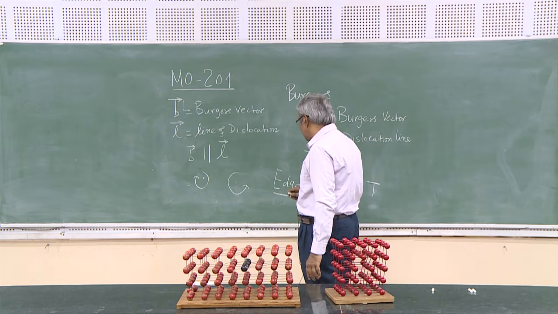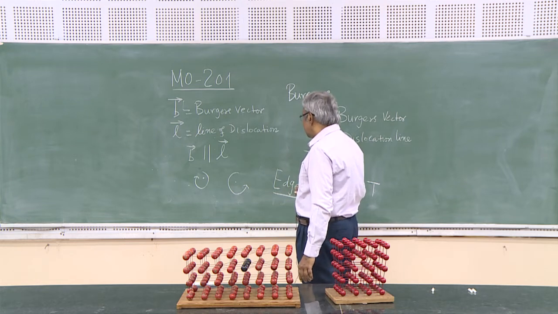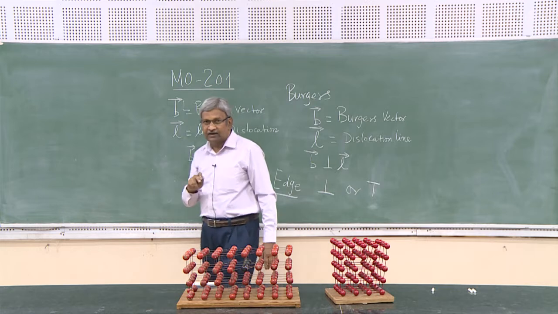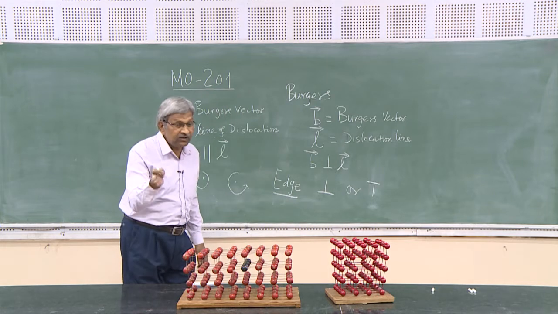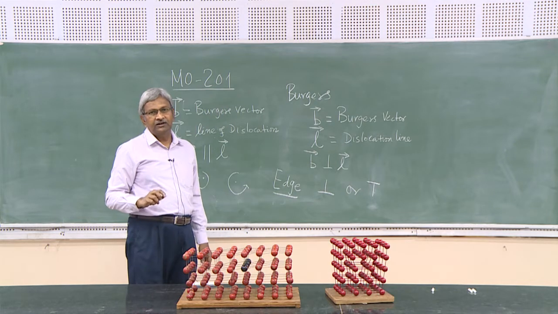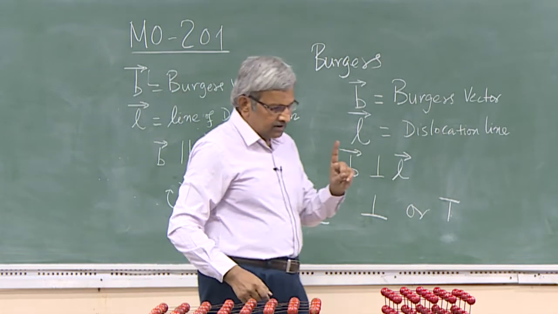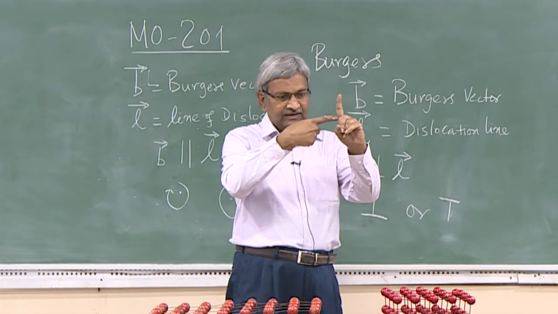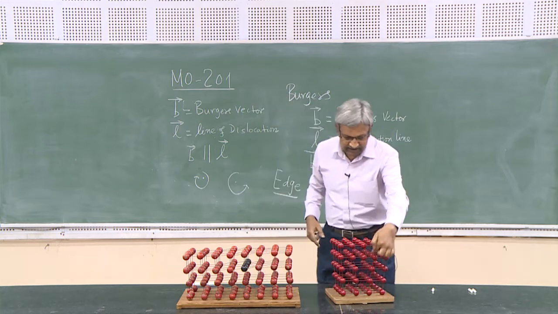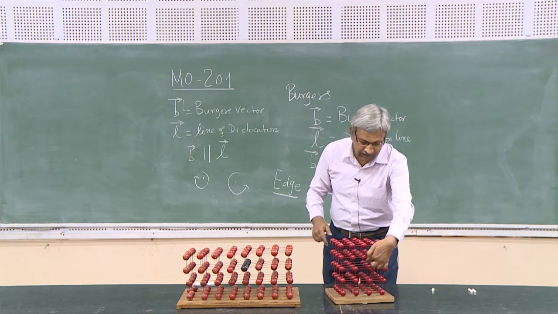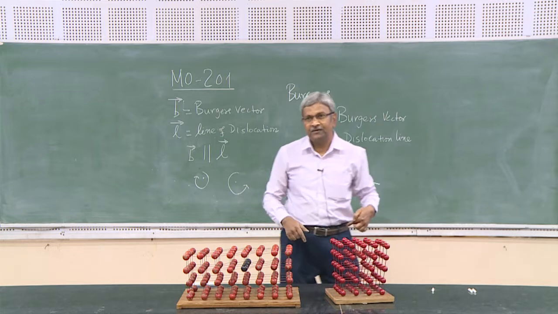Now I am asking you a question: if b is perpendicular to l, then the plane is uniquely defined. Is that correct or not? It is this plane. See, it is this and this. Here it is this line vector and this. So the plane is uniquely defined.